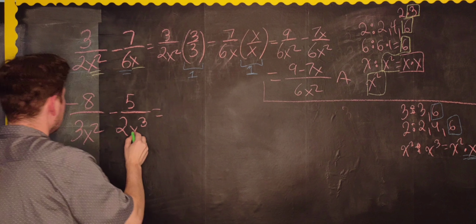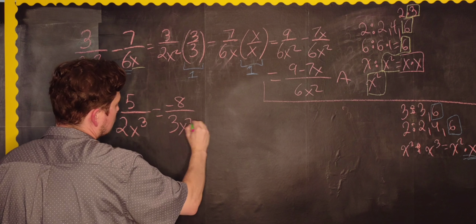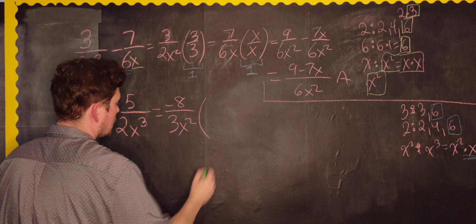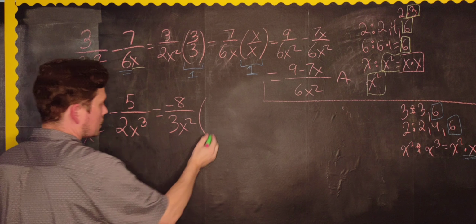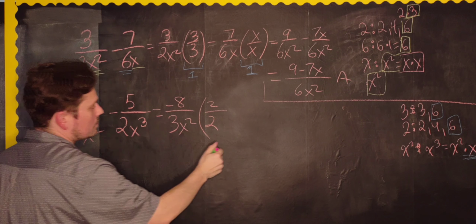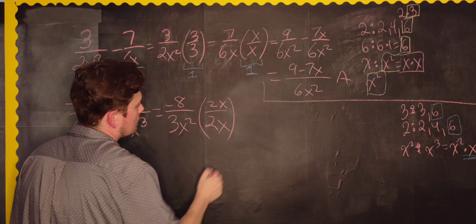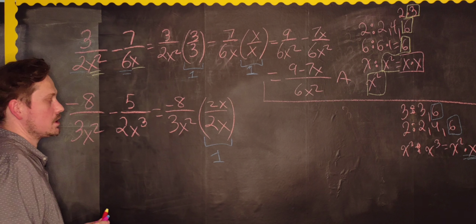You're going to do negative 8 over 3x squared. And you're going to multiply by the following. To make 3 into 6, you're going to multiply by 2 over 2. And to make x squared into x cubed, you're going to multiply by x over x. So this right here is a form of the number 1 as always.